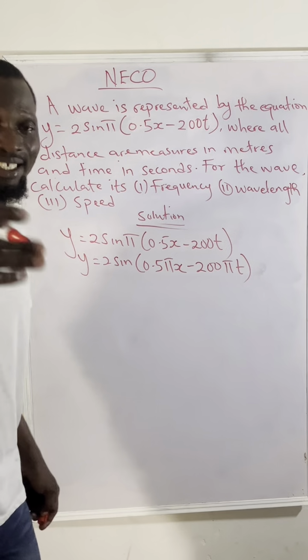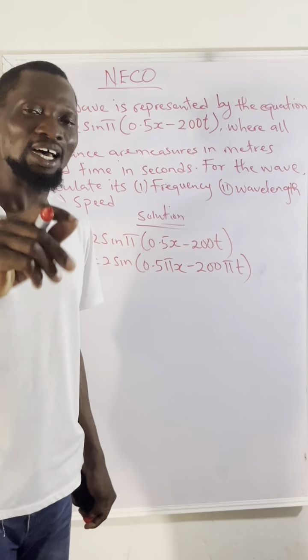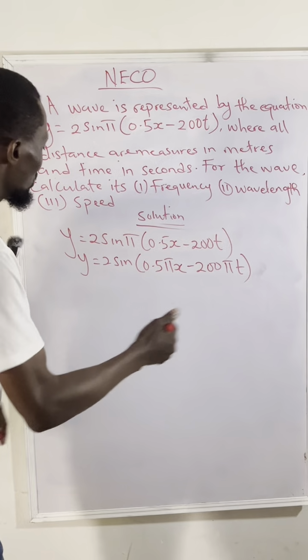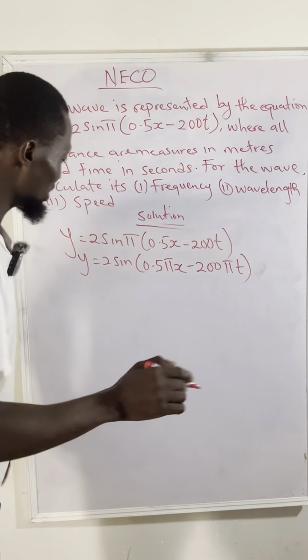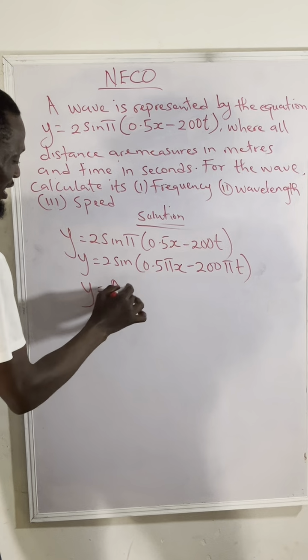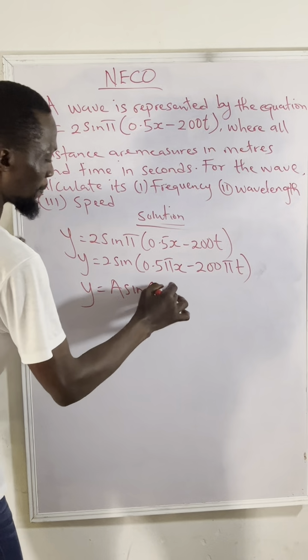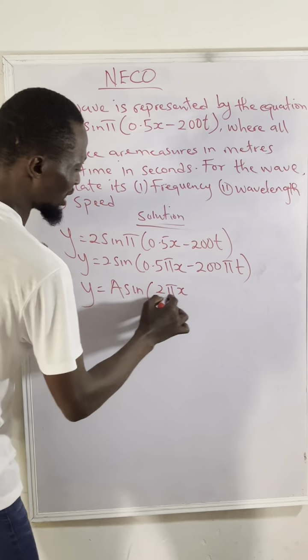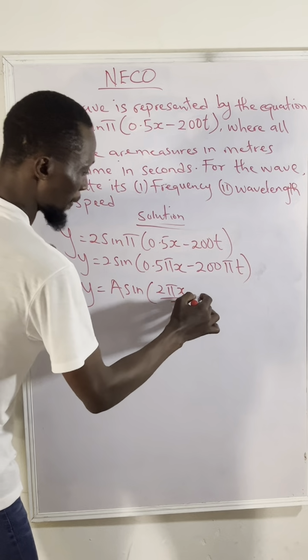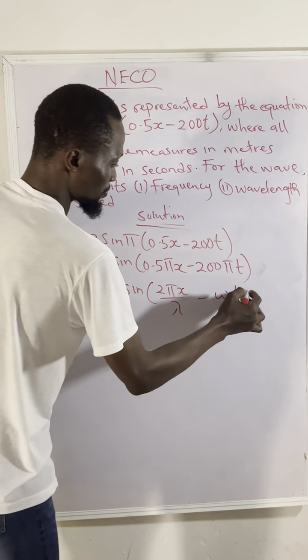Once you have done that, you have to know the general equation offhand, and that is what I want to write right now. The general equation of a progressive wave is y = A sin(2πx/λ − ωt).